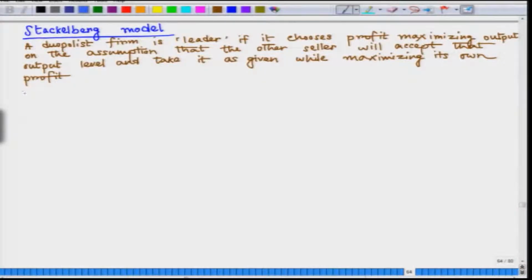If the leader firm knows the exact mathematical form of the reaction function of firm 2, here we assume that the leader firm is firm 1 without loss of generality, then it makes use of that information to set an output level first and then enjoys a first mover's advantage.